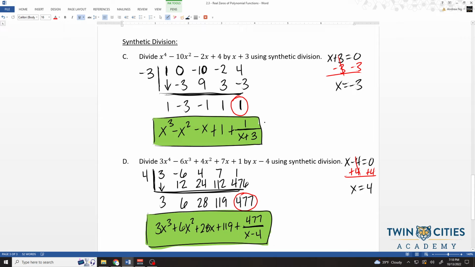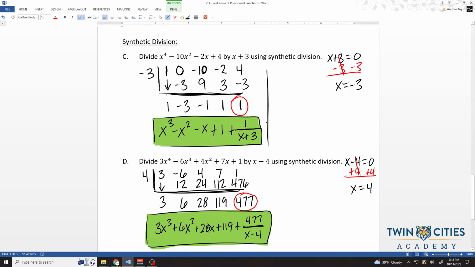Or in other words, do you remember in previous classes when you were asked to evaluate some function, evaluate some polynomial? Let's try that here. Let's say I want to evaluate x to the fourth minus 10x squared minus 2x plus 4. I want to evaluate that for, since I've got x equals negative 3, I'm going to evaluate that for negative 3.